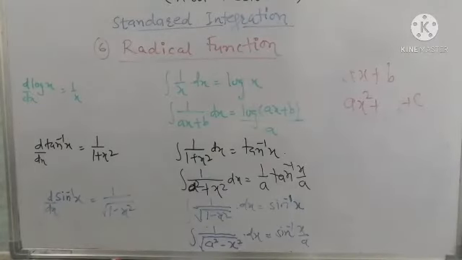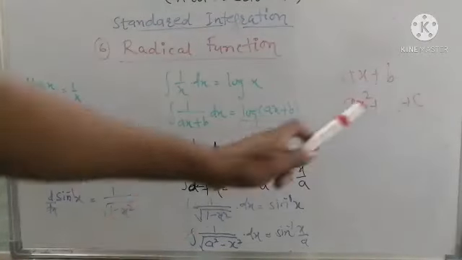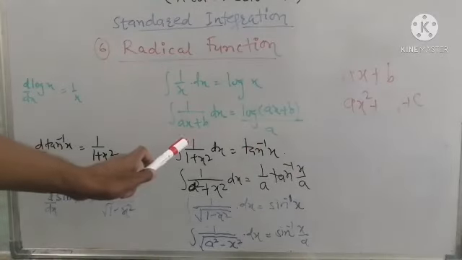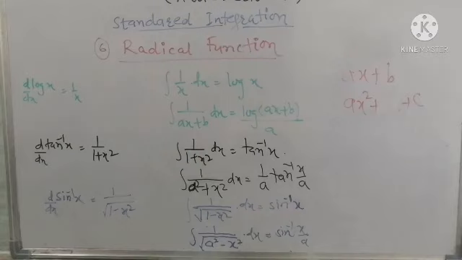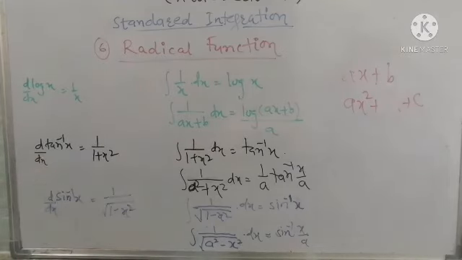It contains only 2 terms: the power of the quadratic term of x and a constant. If this constant is 1 and the coefficient of x square is 1, then we get the form 1 upon 1 plus x square. As 1 upon 1 plus x square is the derivative of tan inverse x, the integration of 1 upon 1 plus x square is always tan inverse of x.